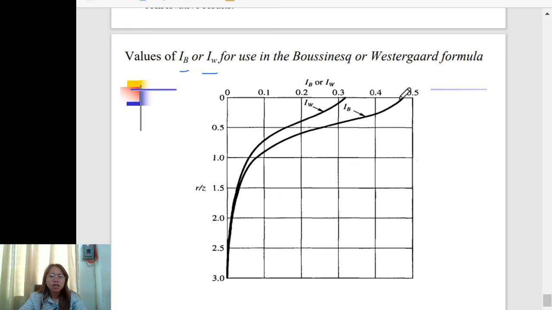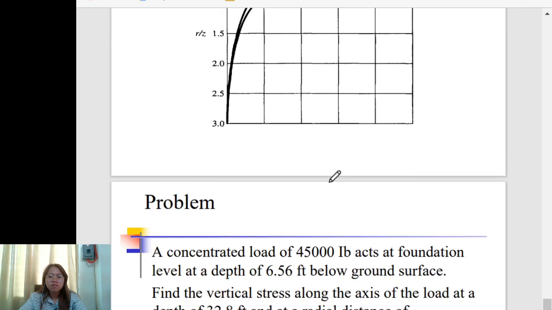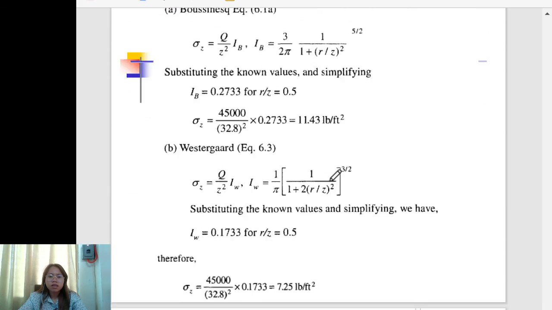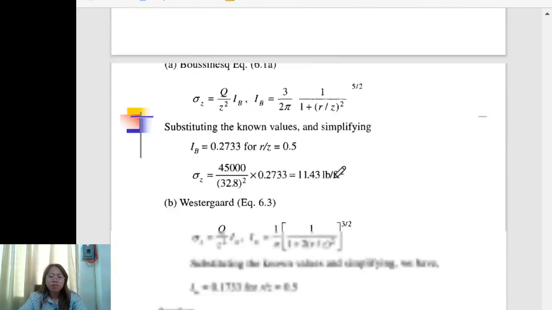So as you can see, I sub B, the Boussinesq coefficient, results in larger values than the Westergaard coefficient for different values of R over Z. Alright. So I think this is the problem.